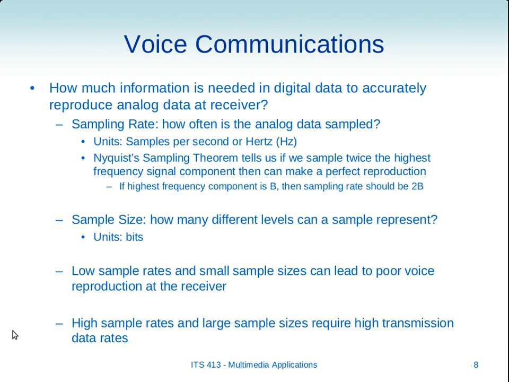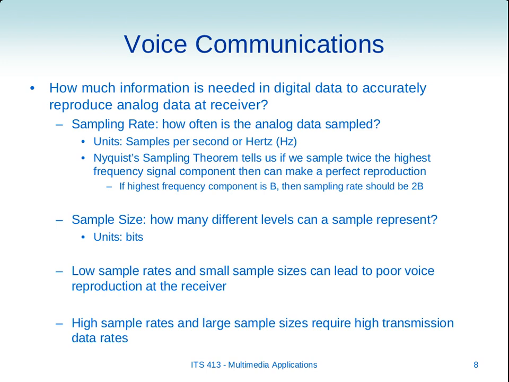The main things that impact the performance from the user's perspective are the sample rate and the sample size. The more samples we have, the better in terms of accuracy of reproduction at the receiver, and the larger the samples, the better.